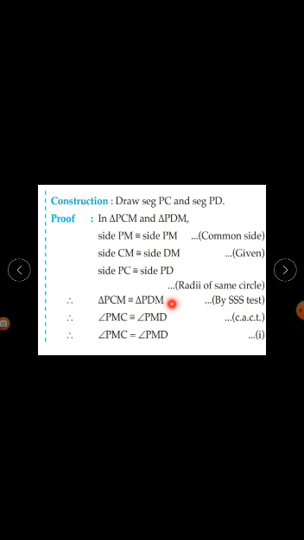Therefore, angle PMC is congruent to angle PMD, reason is CACT. This is your equation 1.